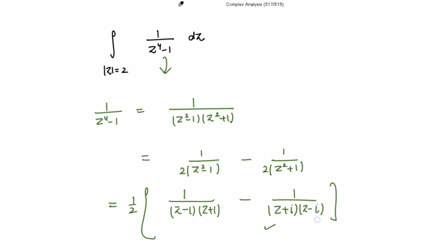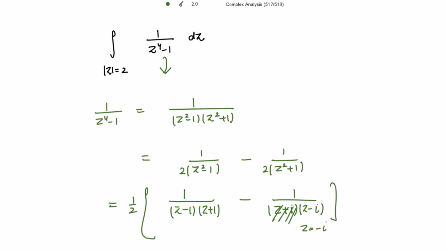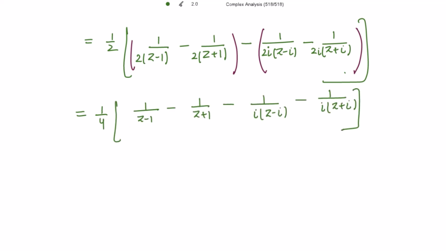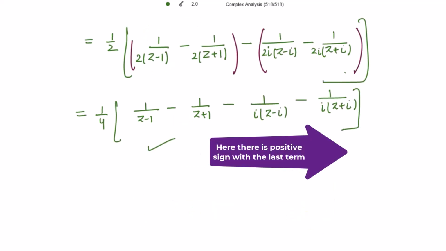Hide z + ι from the bracket. Putting z = −ι over here, we get minus 1 divided by 2ι. Please keep in mind, we are taking this negative sign outside of this bracket. If I take 1/2 common from all these terms, we have 1 by 4 outside of this. So in place of this integrand, I am going to use this value.